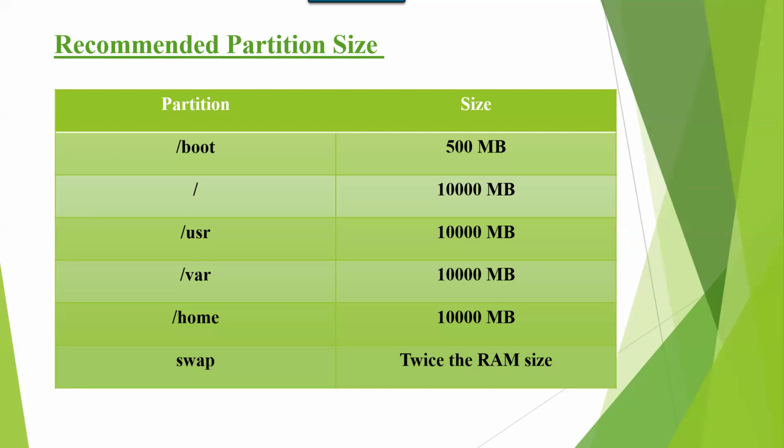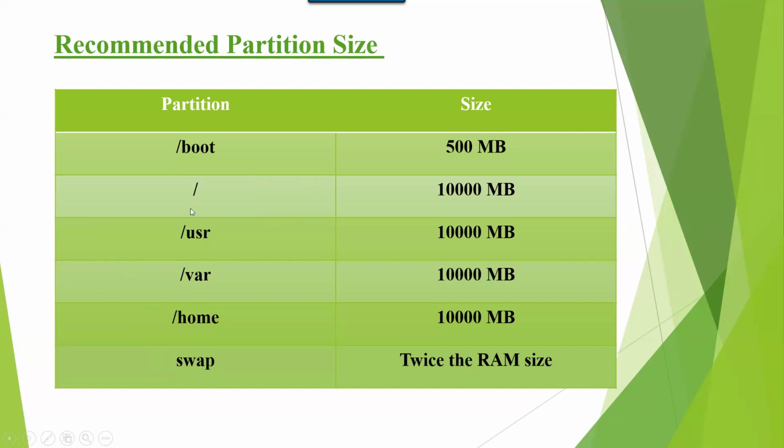But in some interviews, they will ask what are the compulsory partitions in Linux while installing the operating system. What are the recommended ones is one question; what are the compulsory partitions means / and swap. / and swap are the compulsory partitions in Linux while installing the operating system. / is compulsory because it is the parent directory.